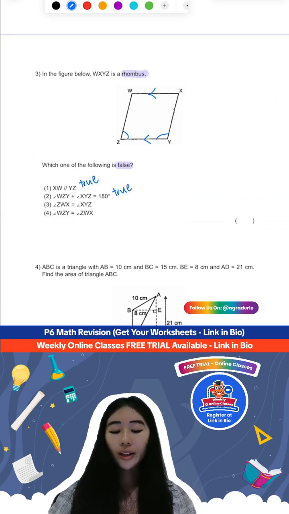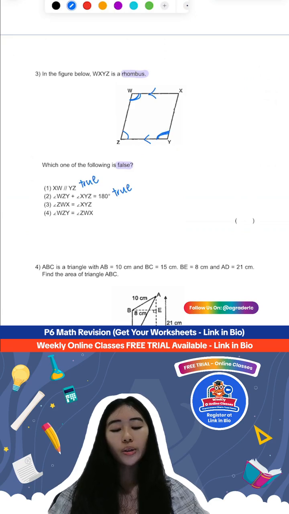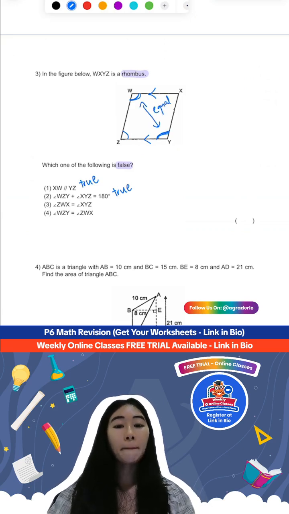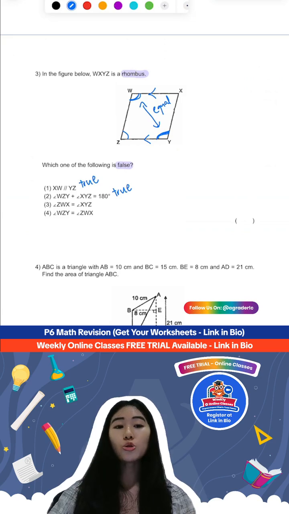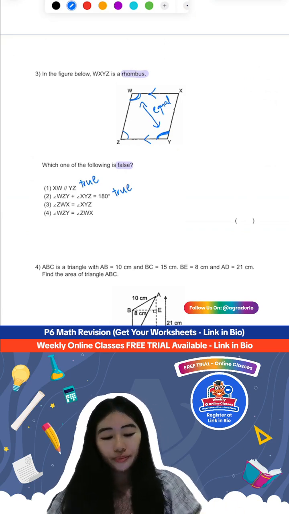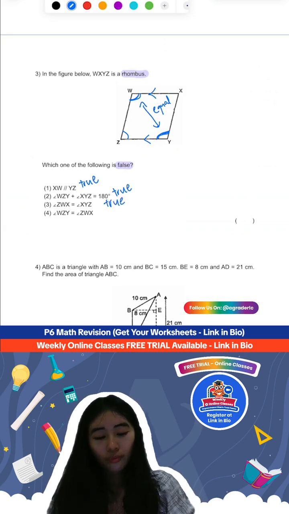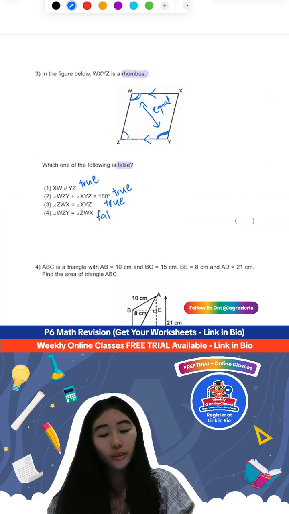The third statement, angle ZWX equals XYZ. So they are saying that opposite angles are equal. Again, this is true. For a rhombus and also a parallelogram, opposite angles will be equal. True. Since options 1, 2, 3 are true, it must mean that option 4 is false, right?